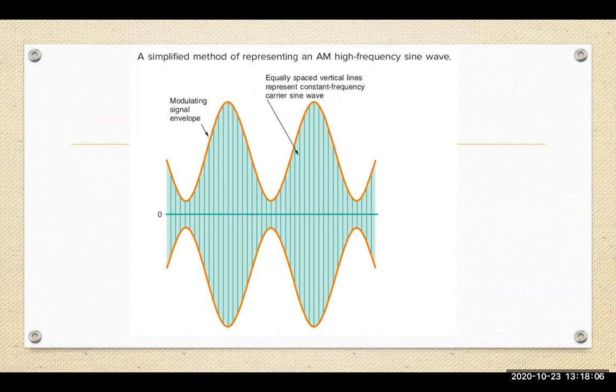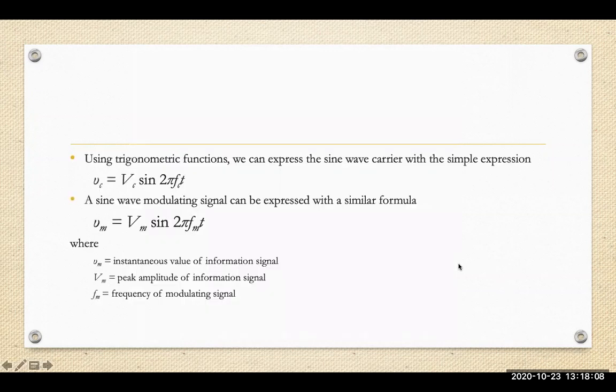Okay, now let's focus on some of the calculations dito, yung mga terms. Okay, so you know that kanina sa figure natin, you have the modulating signal or information signal, you have the carrier signal. So using trigonometric functions, we can express the sine wave carrier with a simple expression.